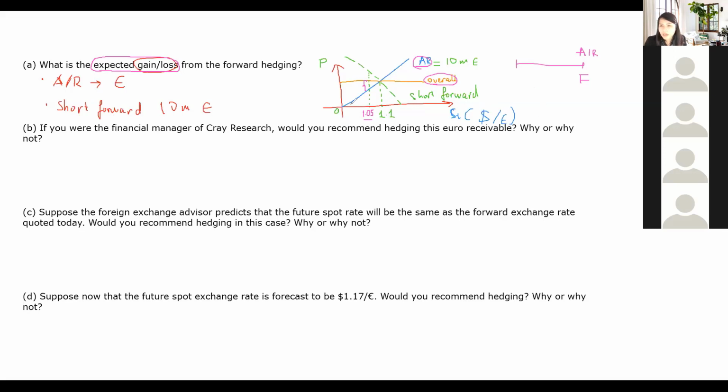With a short forward contract, the expected payoff in this scenario is given by the difference between the two rates, so 1.1 minus 1.05, times the notional amount, which is 10 million euros.